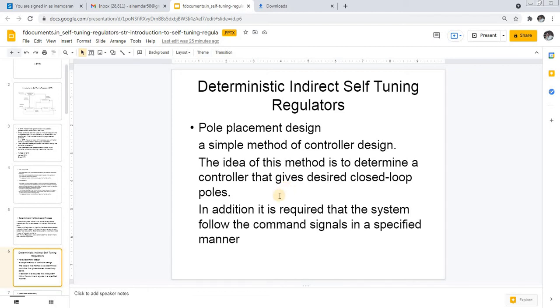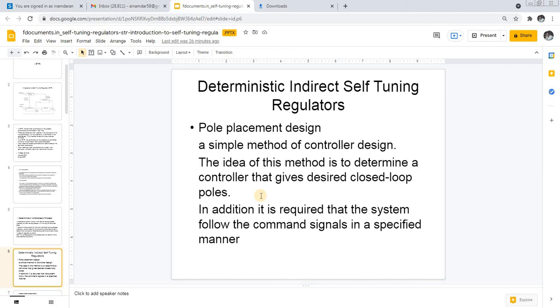Many estimation methods will provide estimates of parameter uncertainties, but these are typically not used in the control design nowadays. On the other hand, the model can be reparameterized such that the controller parameters can be estimated in a direct manner. So a direct adaptive algorithm is obtained by using the reparameterization of the controller.